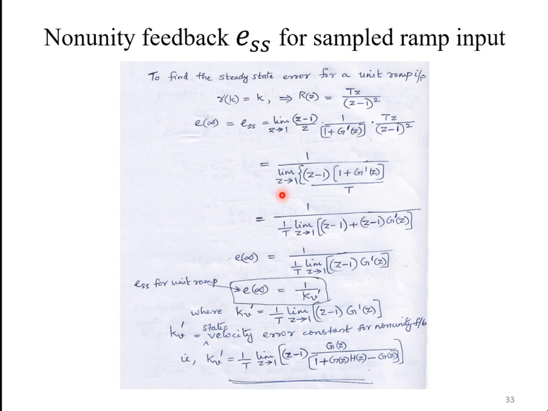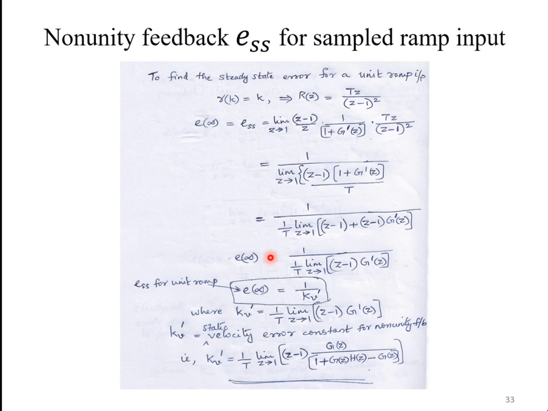It doesn't depend on z tending to 1; it is not a function of z. So 1 over 1 by T limit z tends to 1, taking out the bracket, z minus 1 into 1, that is z minus 1, plus z minus 1 into g dash z.